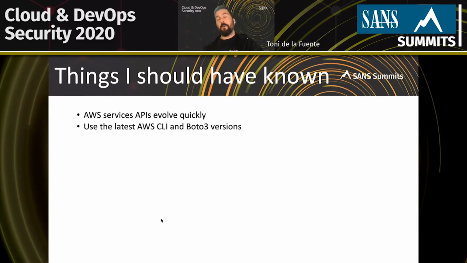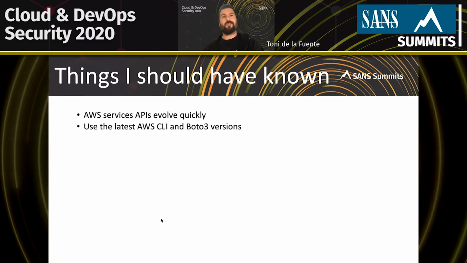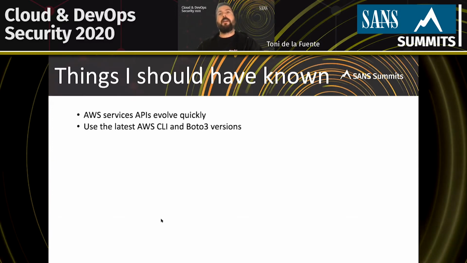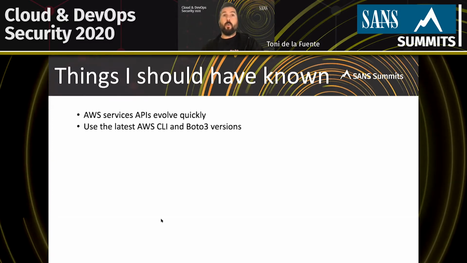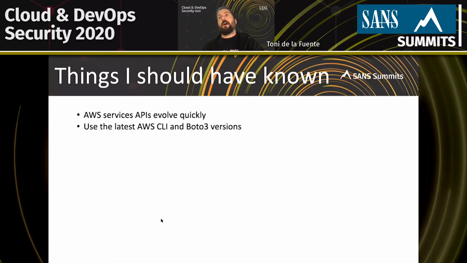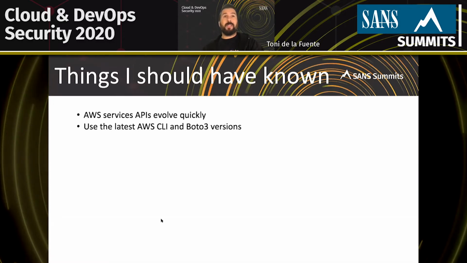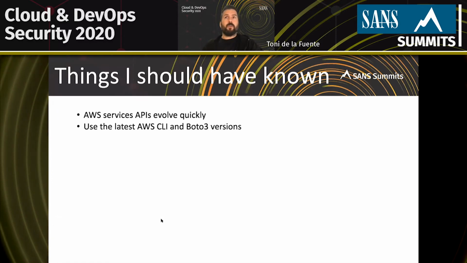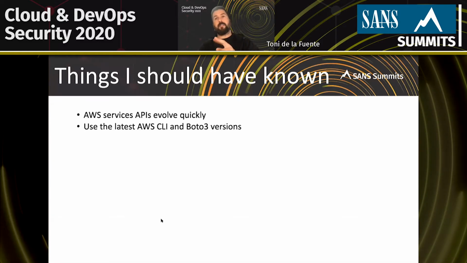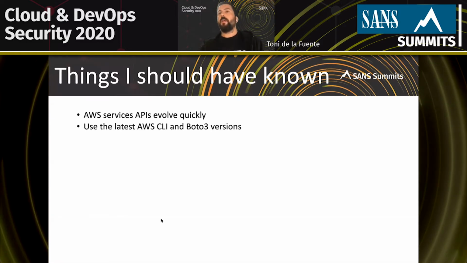I have had so many issues, trying things that didn't work, and I didn't know why until I upgraded the CLI, version 1 or version 2, because Prowler should work with both. So if you do scripting with the CLI, make sure you are also using the latest version. The upgrade method depends on whether you are using version 1 or version 2.